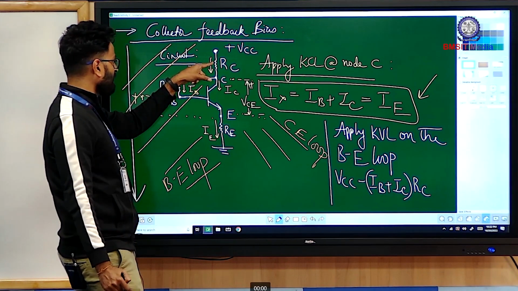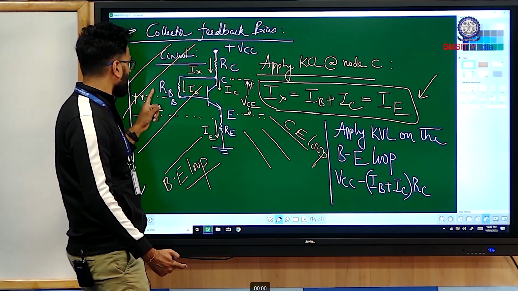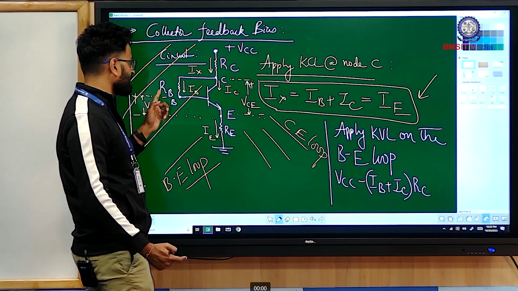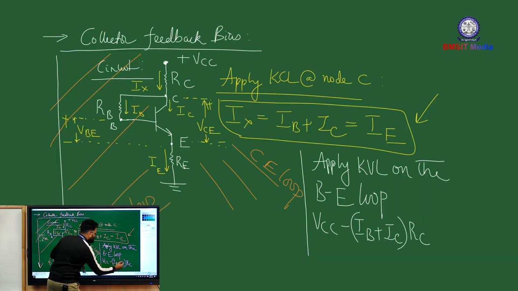And after RC on the input side, which resistance you will come across? RB, right? So there will be a drop across resistor RB as well, and the potential drop is going to be IB into RB. So you can write minus IB into RB, right?